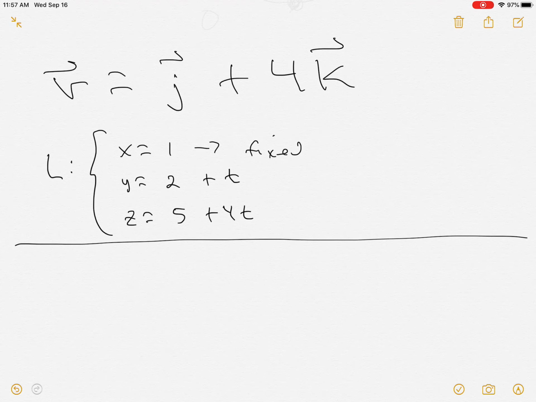Okay, so homework time. This is homework 5. Can't believe we're a third of the way through the semester.